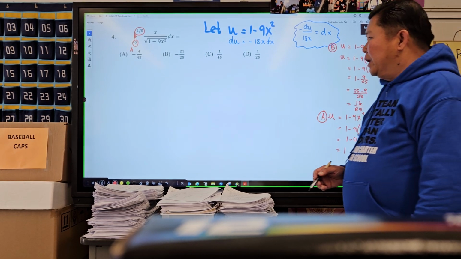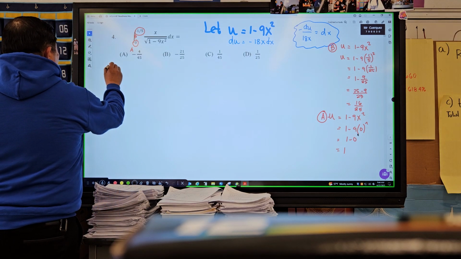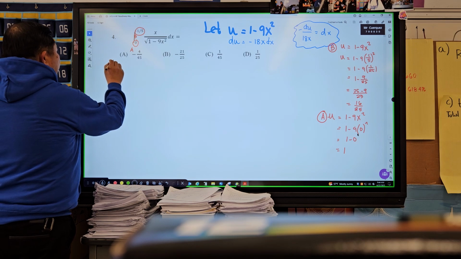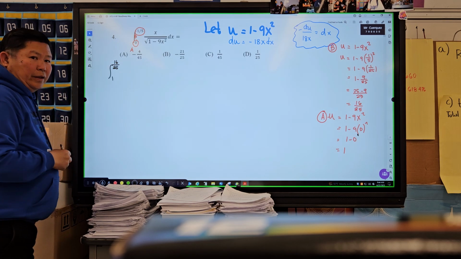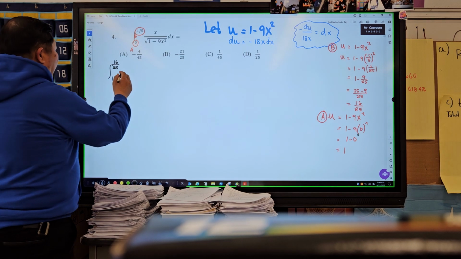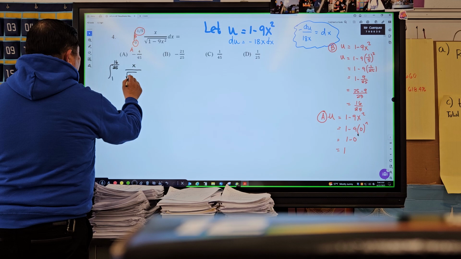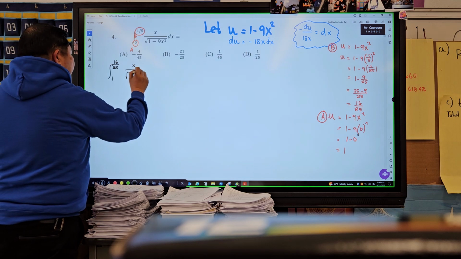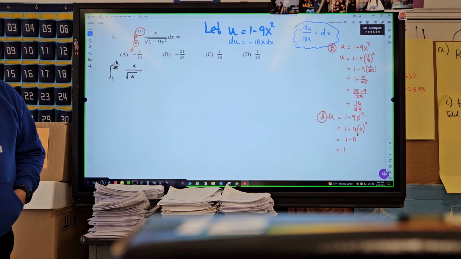So we're now writing the integral. Our new limit is from 1 up to 16 over 25. We have x over square root of u, and then our dx is defined as negative du over 18x.